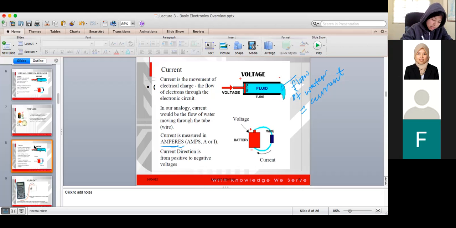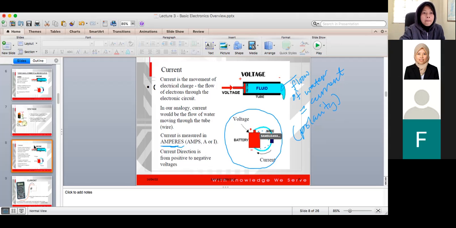Itu dari segi polarity lah. Polarity. Okay. Macam dalam electronic circuit yang kat bawah ni kan, we'll see the current is from positive to negative, even though the electron is actually moving from negative to positive. Okay, seperti yang kita bincangkan tadi.